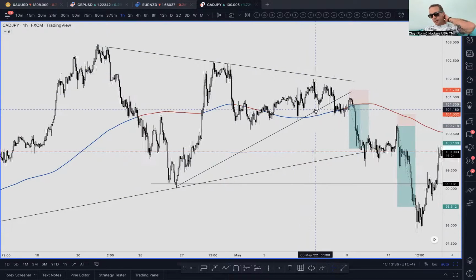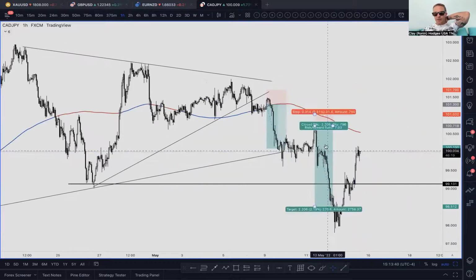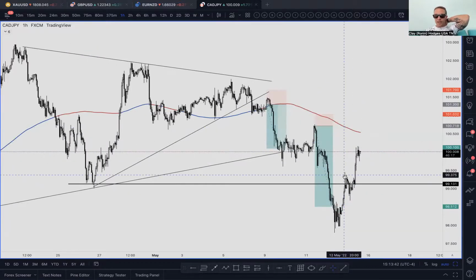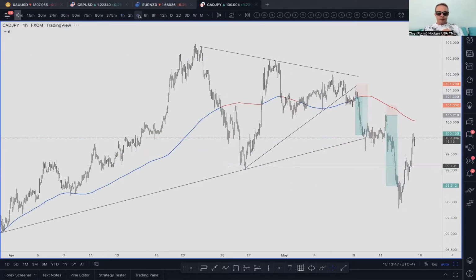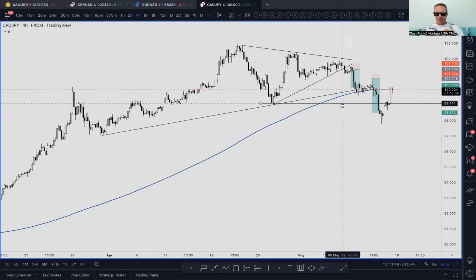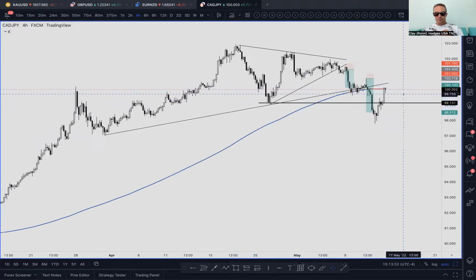Standard triangle pattern, and we have a nice breakdown off of this. Here's another one, but this is a continuation. We broke down, retested the bottom of this trend line, and now we've broken it again.